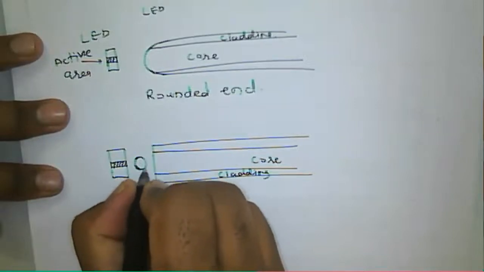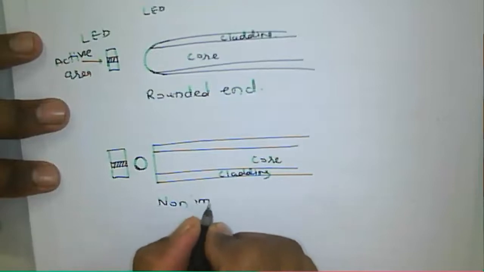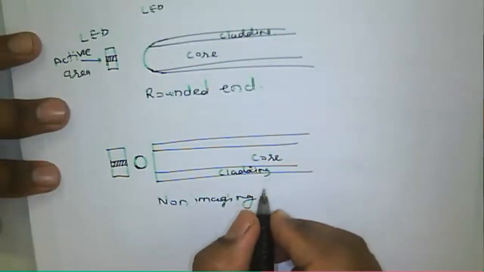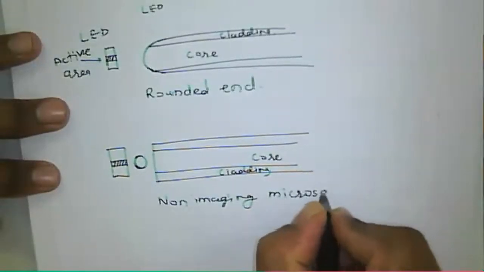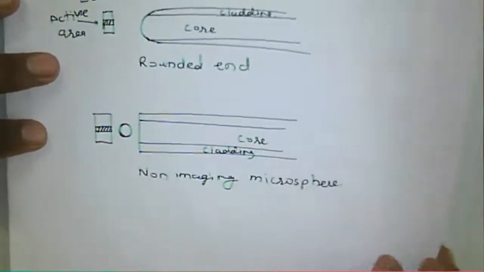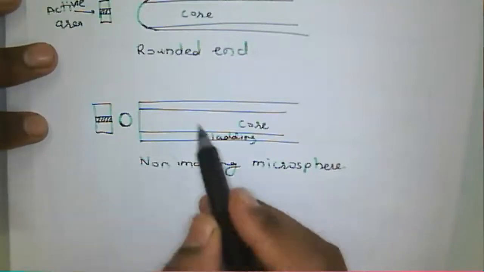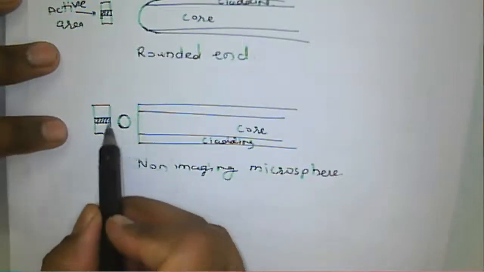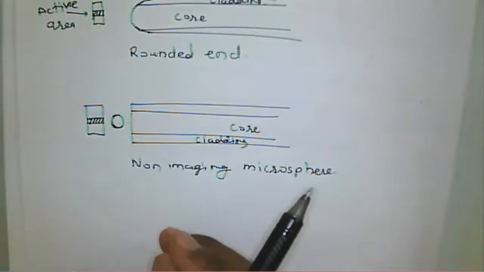Here we can use a non-imaging microsphere. This one is a microsphere that is useful for the what? For a surface emitter. Okay, this one is useful for the surface emitter.